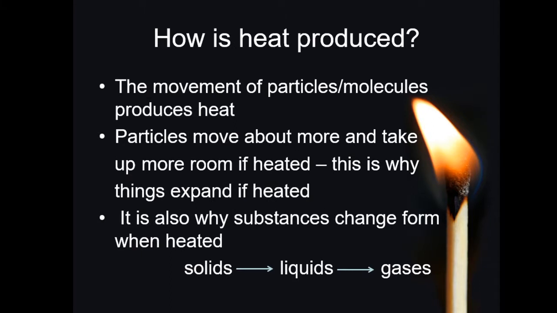So how is heat produced? In basic terminology, heat is produced if a particle moves around very, very quickly, right? The faster the molecule or the particle moves, the hotter it gets. As the particles move around more quickly, they also tend to take up more room, which is why if you see some objects heat up, they also expand and bloat, right?